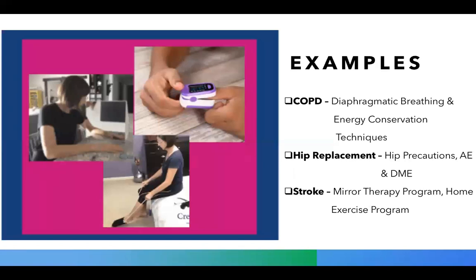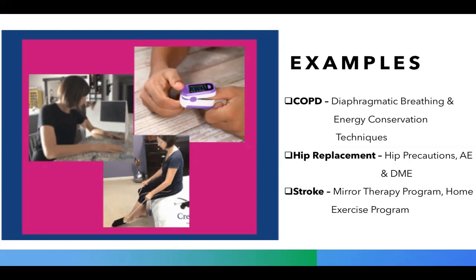Some examples include people who have COPD. We may develop a program on diaphragmatic breathing techniques or energy conservation techniques for them, because using those techniques beyond discharge will benefit them and help them to live their life to the fullest.